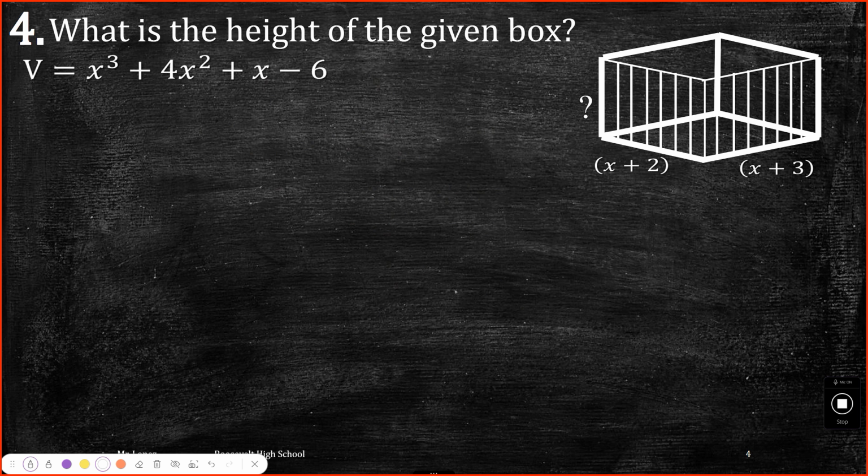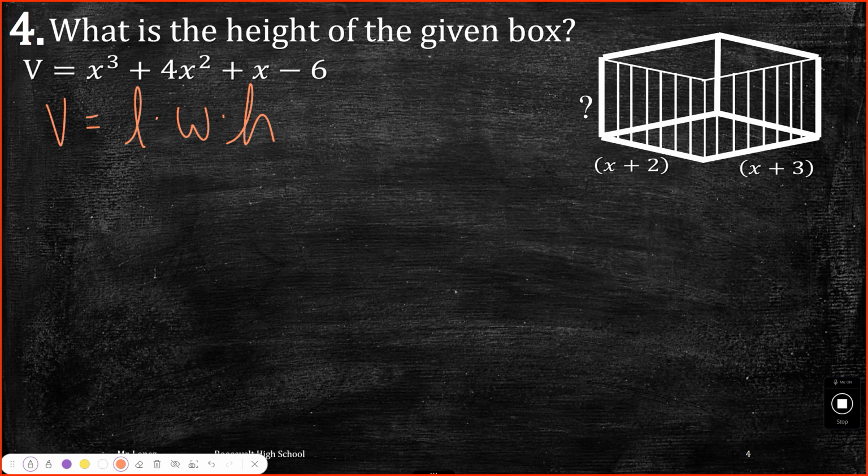I know you guys are copying all this down and everything. I want to finish this lesson on the recording, so I'm going to go ahead and get started with it. So the formula for volume of a box is volume equals length times the width times the height.